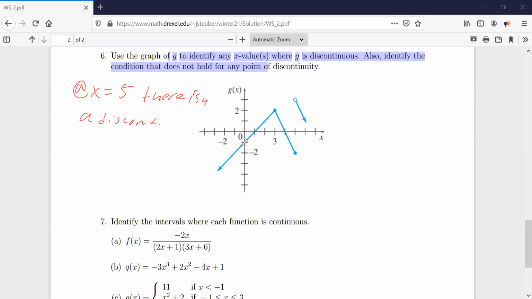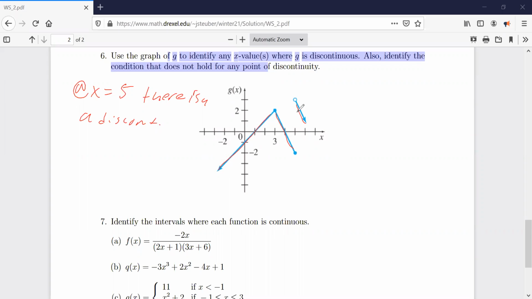From negative infinity to 3, it's defined by this line. From 3 to 5, it's defined by this line. And from 5 to infinity, it's defined by a third line.